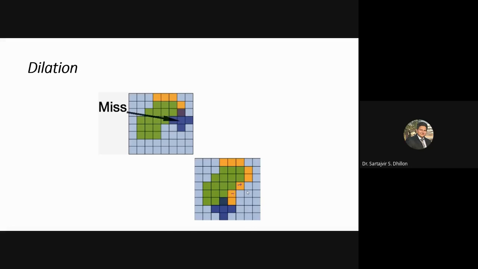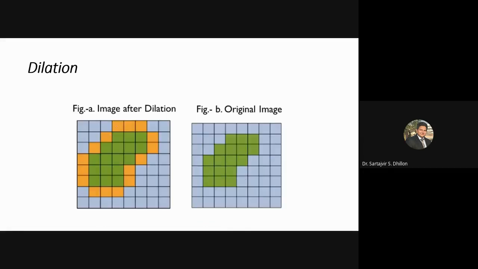And it is increasing, again adding, adding. And after the dilation you will get this kind of image as shown in figure A. This one is your output and this one is your input image.